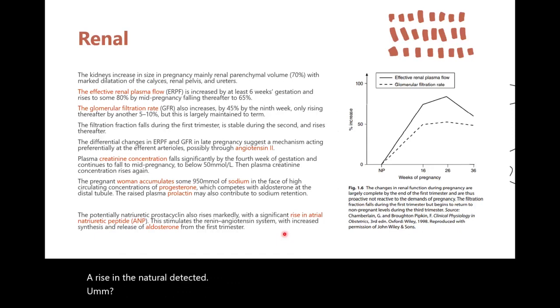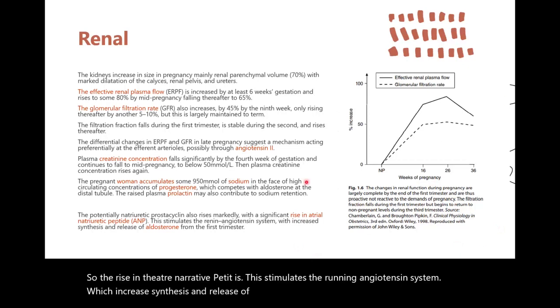So the rise in the natriuretic peptide stimulates the renin-angiotensin system, which increases synthesis and release of aldosterone during the first trimester.